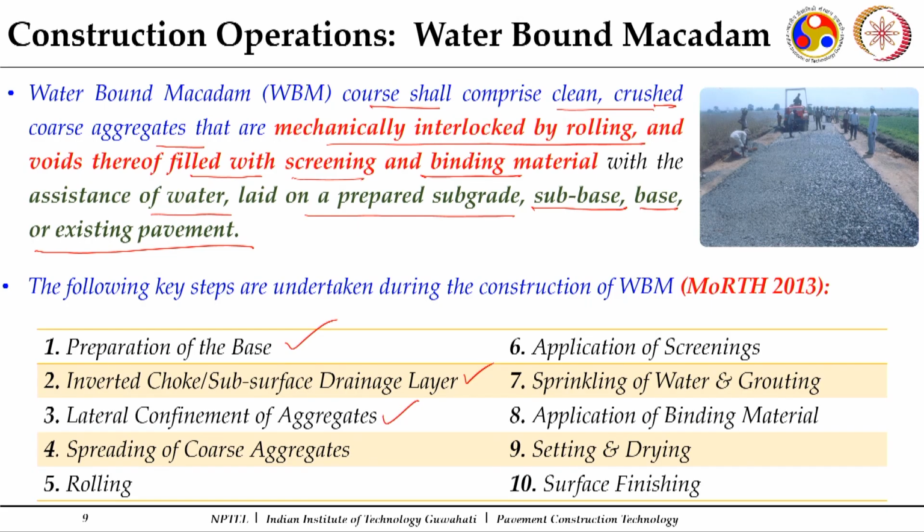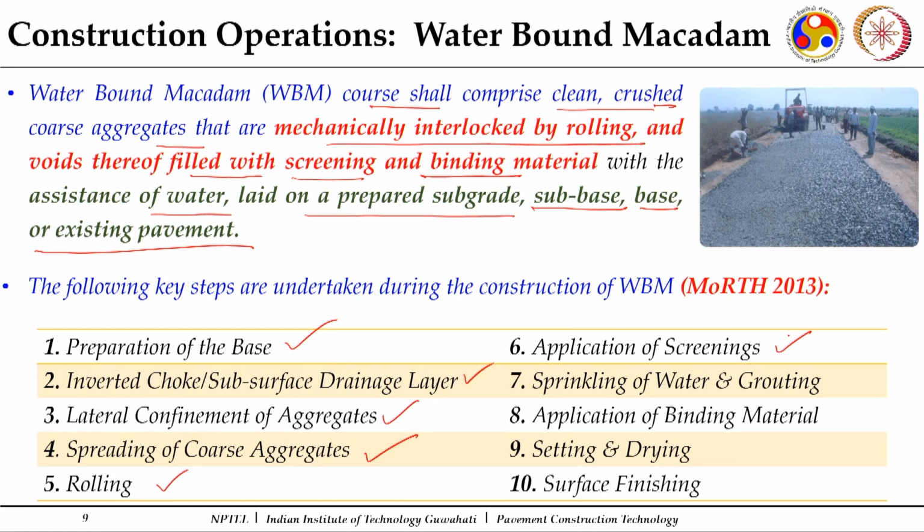So, during the compaction of the coarse aggregates, the edges of those coarse aggregates have to be confined well for proper compaction. The spreading of coarse aggregates, and they should be well spread up to the desired quantity which is specified by the project document as well as the MORTH guidelines. Then the rolling of the coarse aggregates takes place.